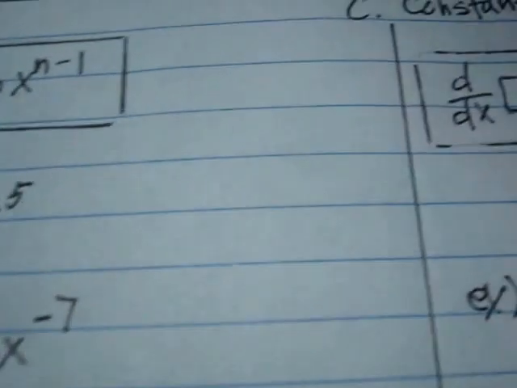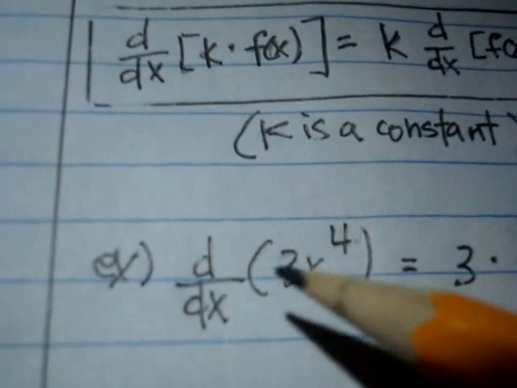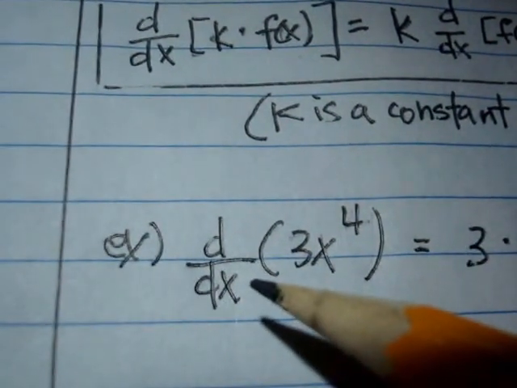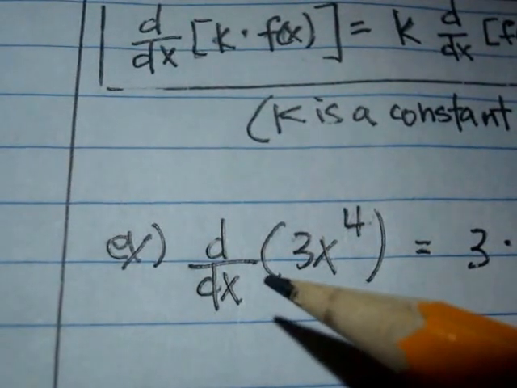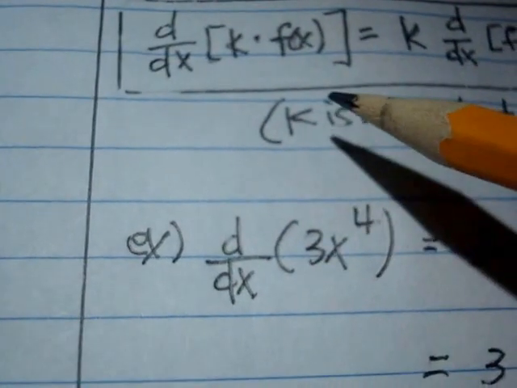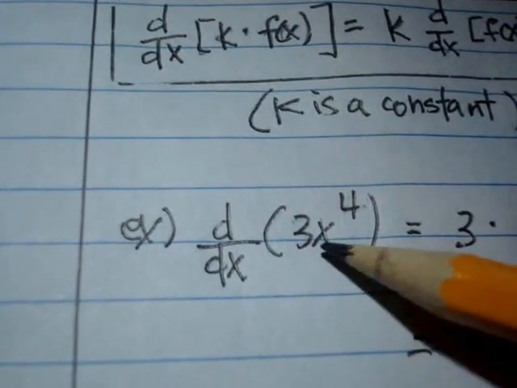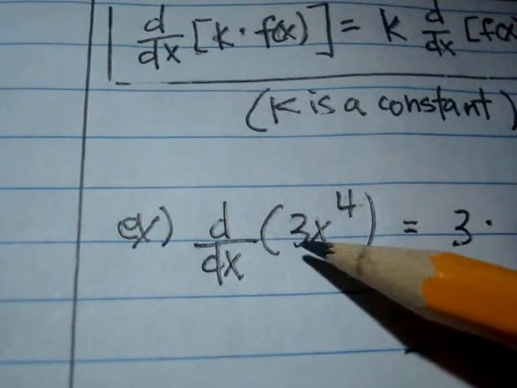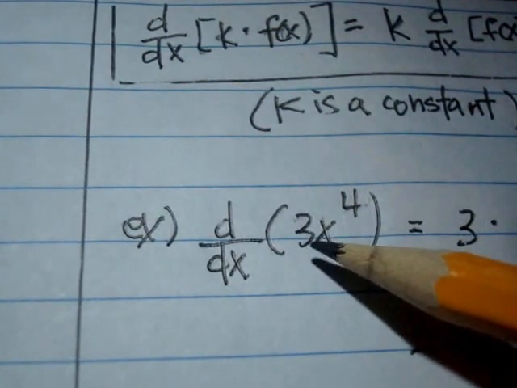Example 2 for the constant multiple rule. Let's say that you're given this problem and they want you to take the derivative of it. How do you know whether to use the power rule or the constant multiple rule? Well, notice that the number in front of the x variable here is greater than 1 or less than 1.